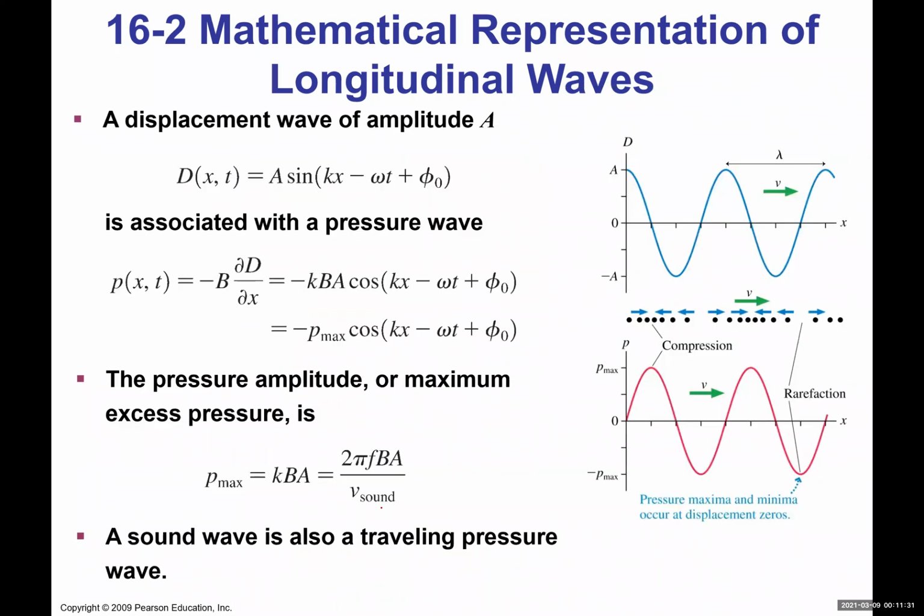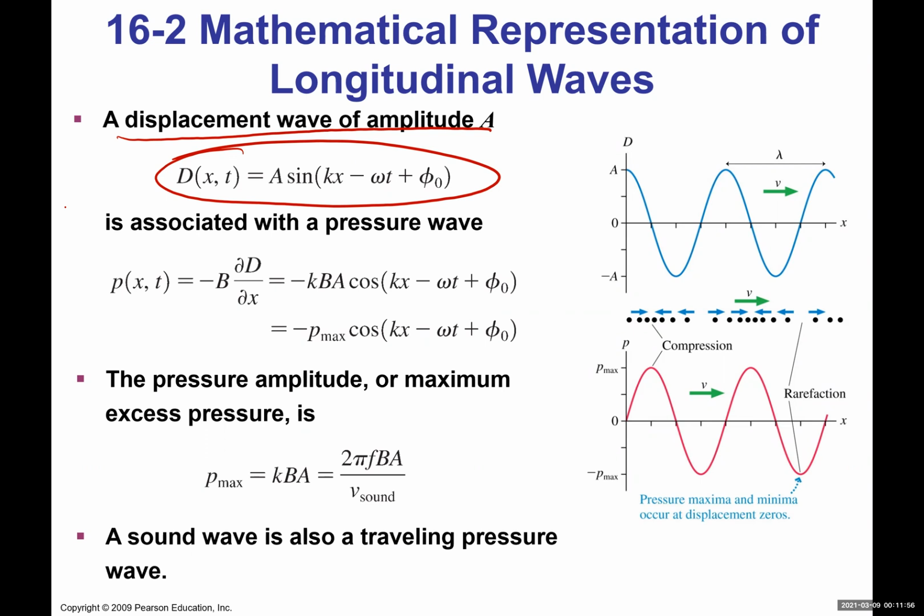All right. So if I take then that equation, and remember the displacement wave, this is the displacement wave that we have seen in the previous chapter, where D as a function of x comma t equals A, the amplitude, times sine of kx minus omega t plus phi naught, which is the phase constant.